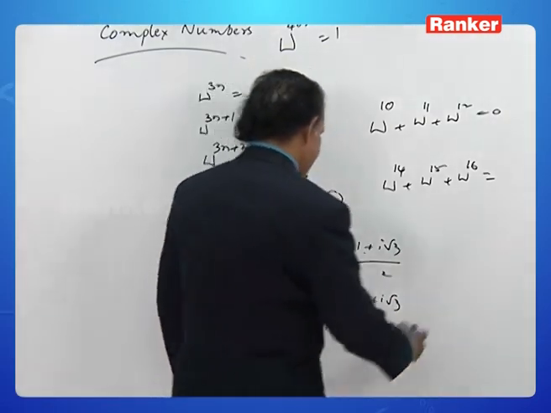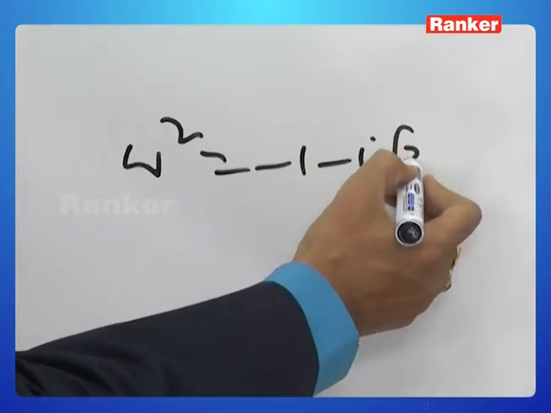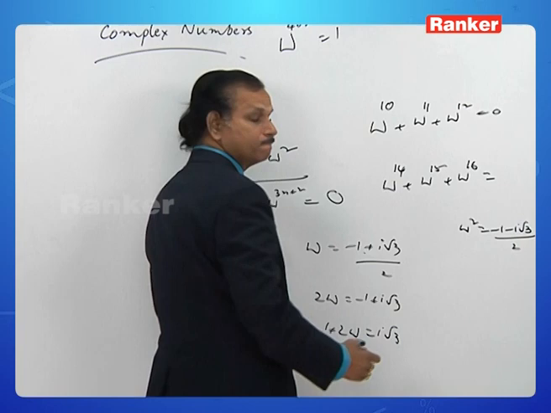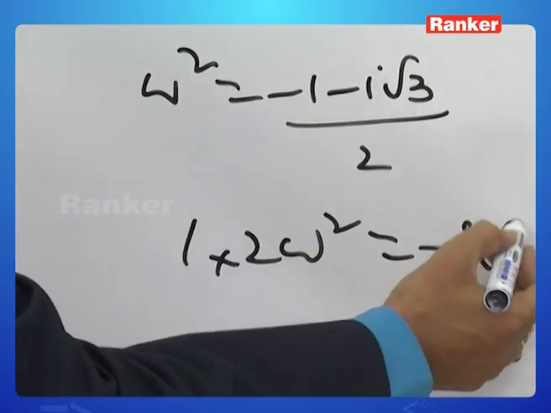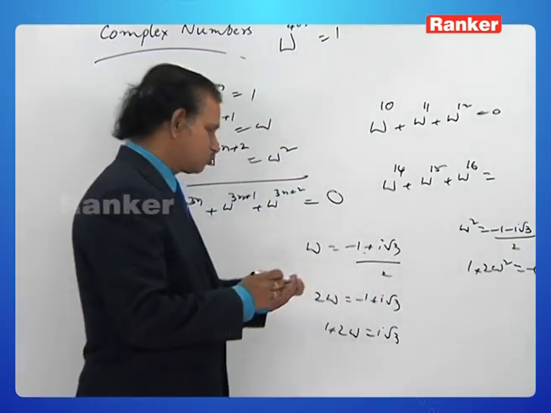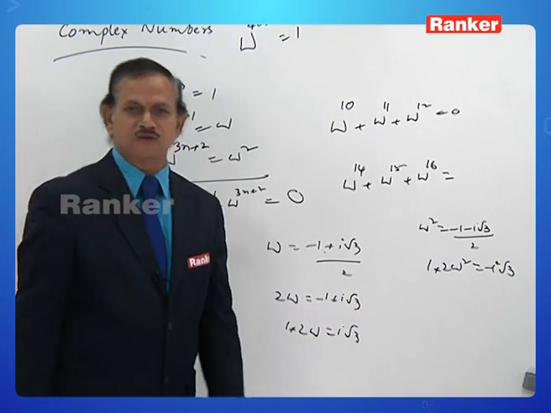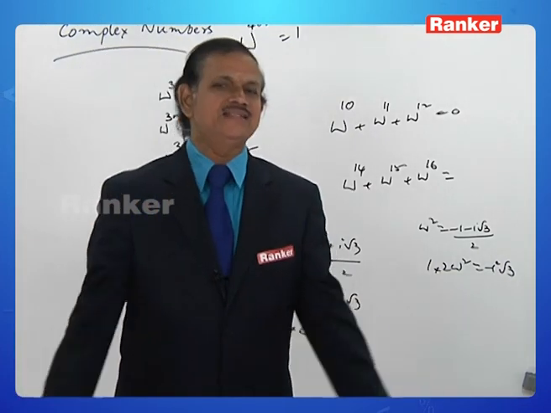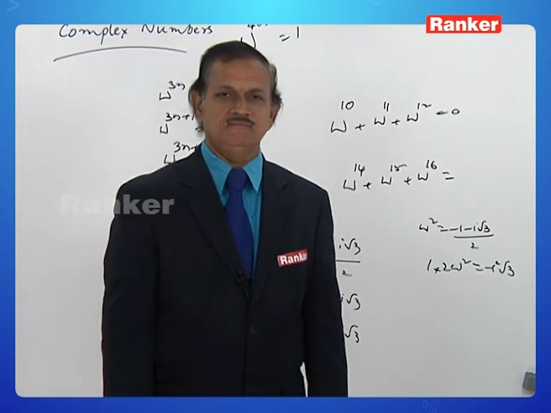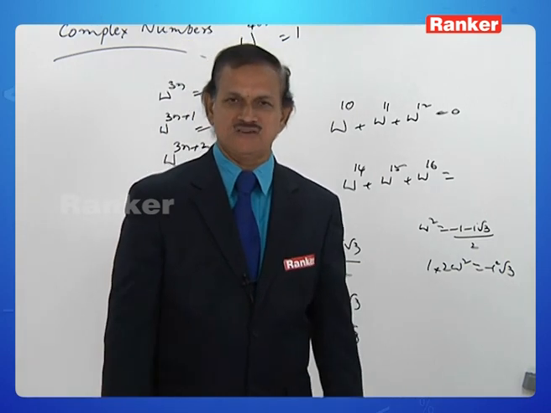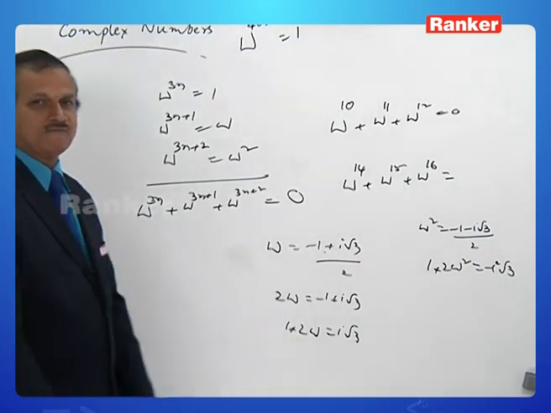In a similar fashion, omega square is equal to minus 1 minus i root 3 by 2, so 1 plus 2 omega square is equal to minus i root 3. As and when they are required, we will be able to make use of them for simplification also.